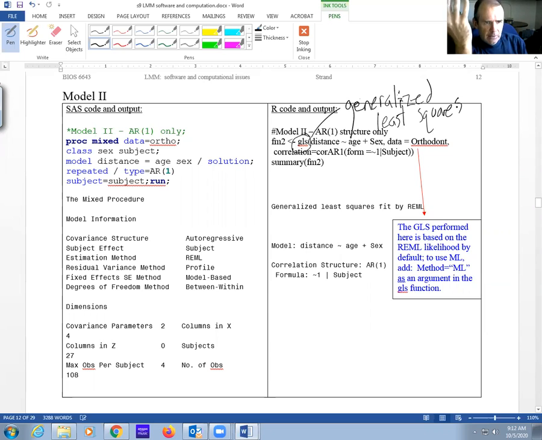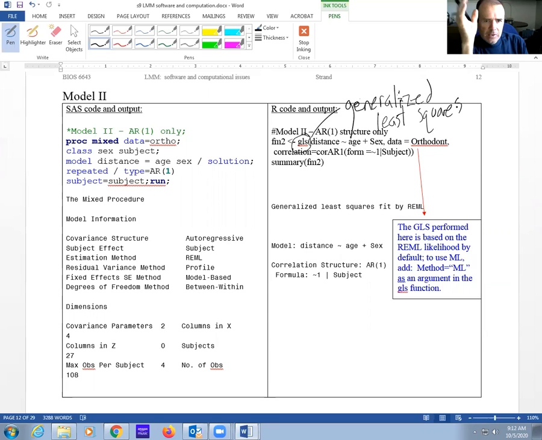It's a generalization of the least squares principle, and it allows you to specify different error covariance structures essentially. And if you try to use LME here and you just have the error covariance structure but not random effects, then it doesn't work.